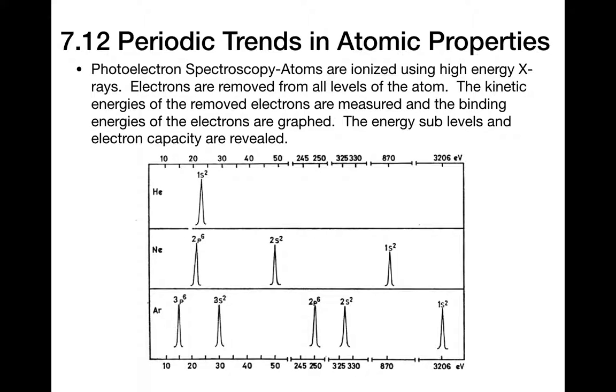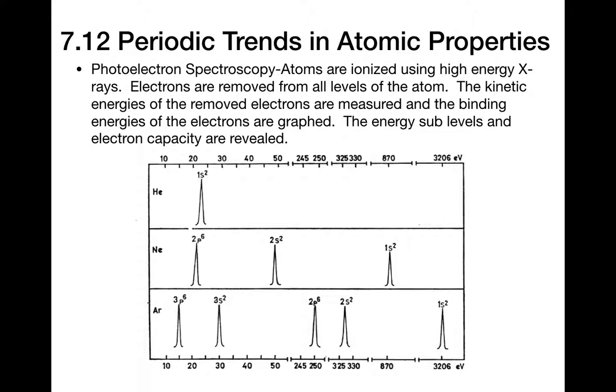For neon, we find that there are 3 different amounts of kinetic energy for the removed electrons, meaning that the electrons have 3 different levels of potential energy when they're in the atom. So we have the 1s, the 2s, and the 2p. The size of the 2p peak shows that it has 3 times more electrons in it than the 2s or the 1s.